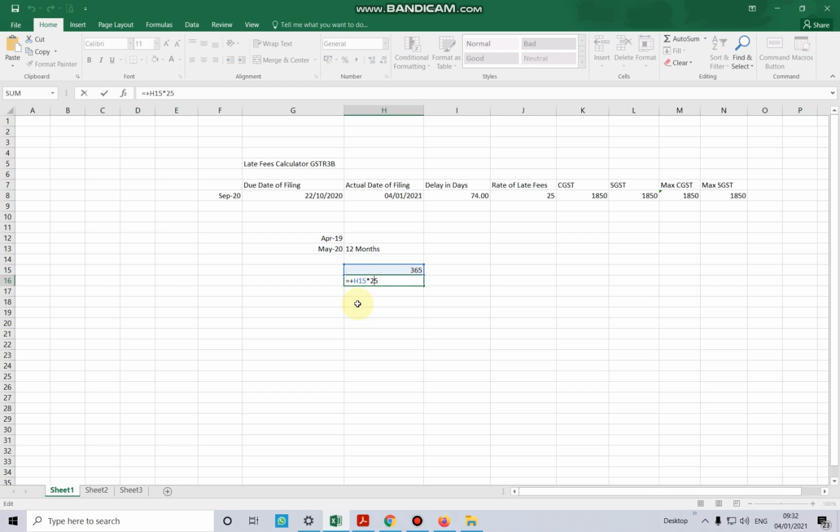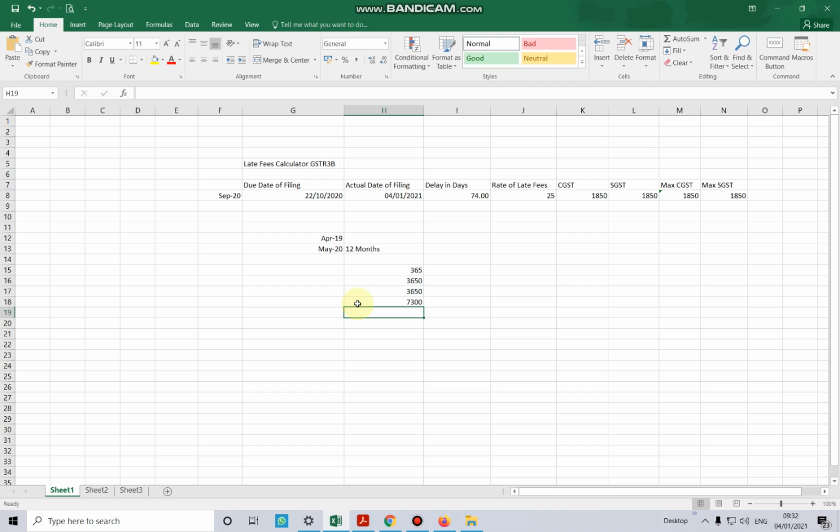Suppose the late fees they assume is 10 because of nil returns, they simply calculate 365 into 10, 3650 for CGST and 3650 for SGST. So overall it comes to 7,300. But let me clarify that it is not that way.